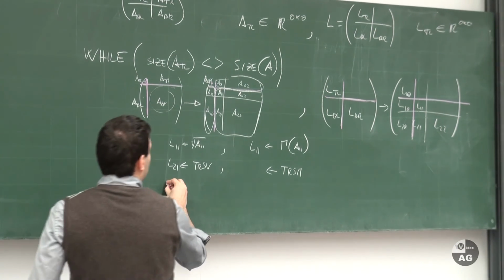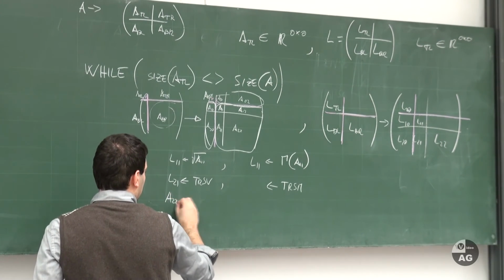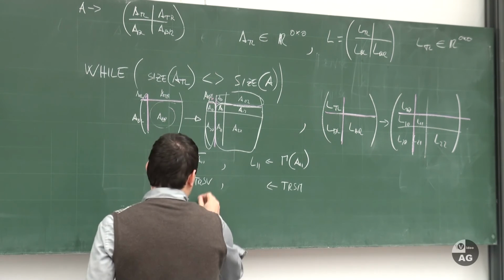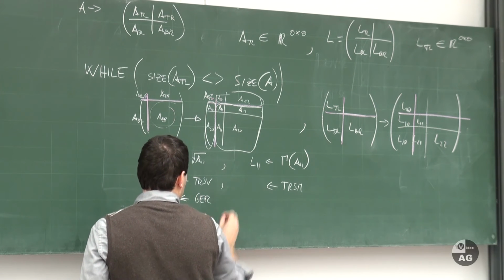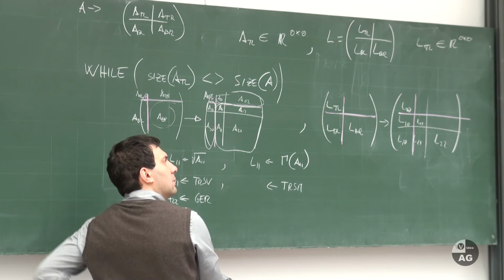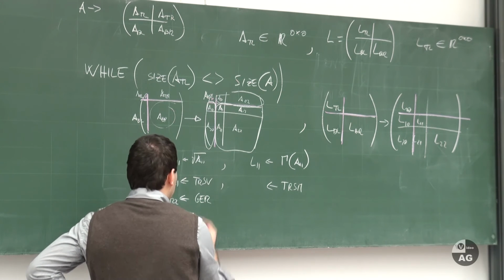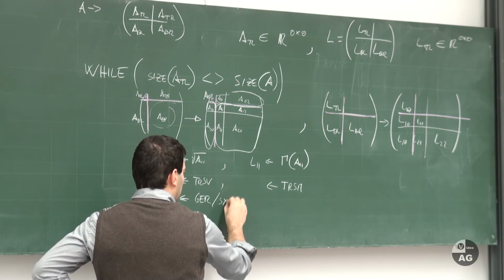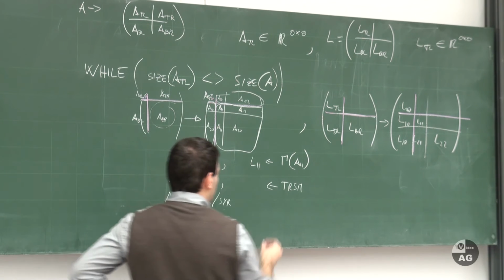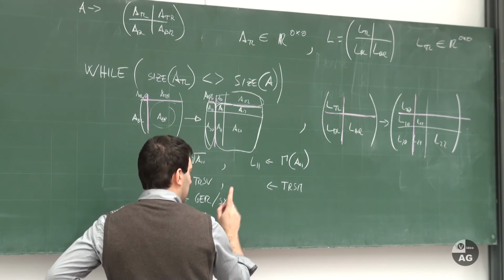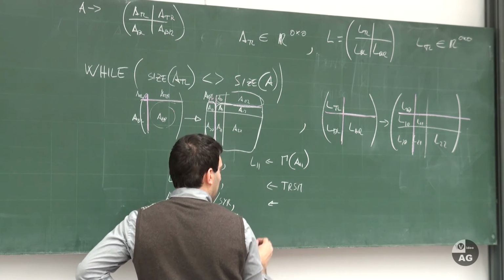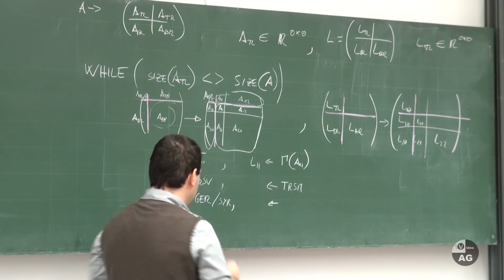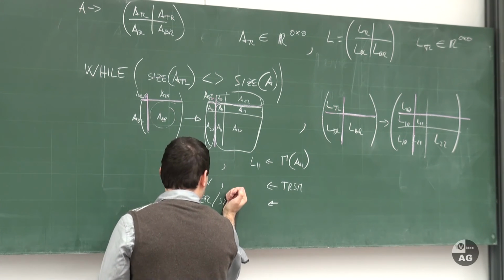And then we would have to update A22 with, actually, it's symmetric, so maybe it's, I don't remember. I think it's here. Not cir, circ. Yes, circ. Thank you.